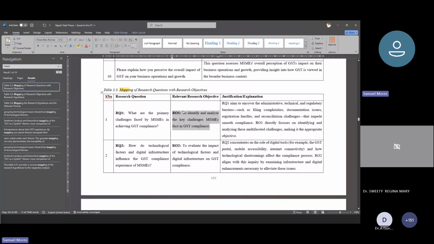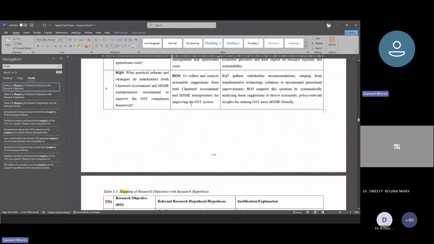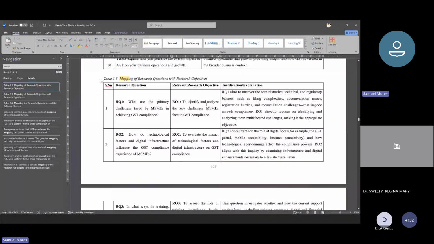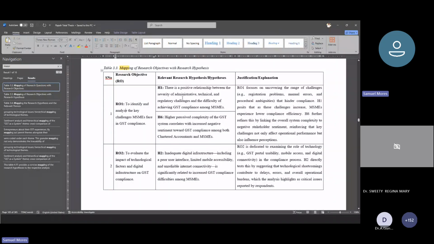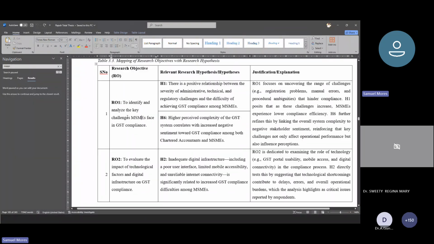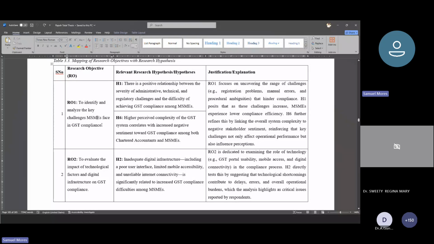So you have to map. That is important. After mapping questions with objectives, you have to map objectives with the hypothesis. I have one objective here: to identify and analyze the key challenges MSMEs face in GST compliance. This is the research objective.